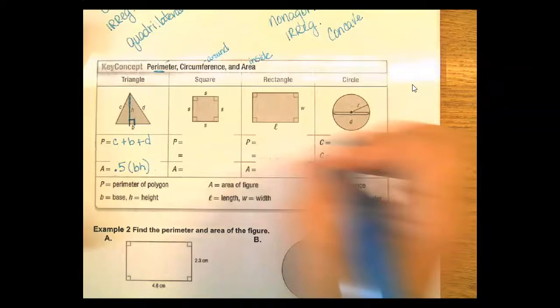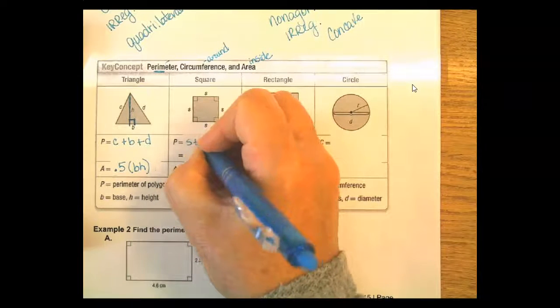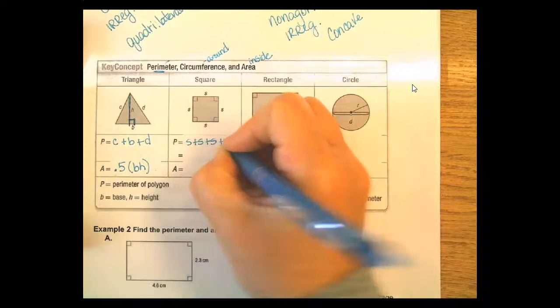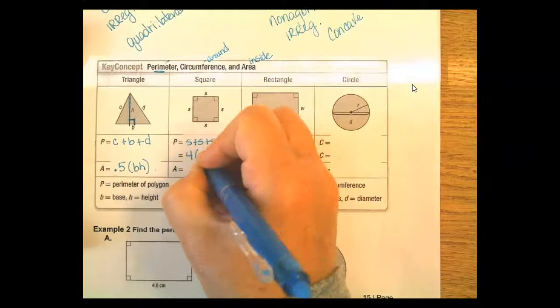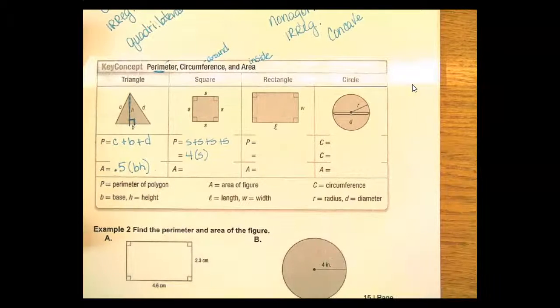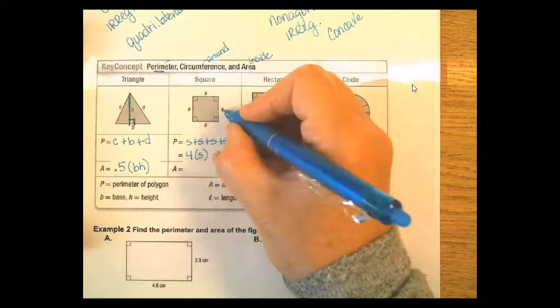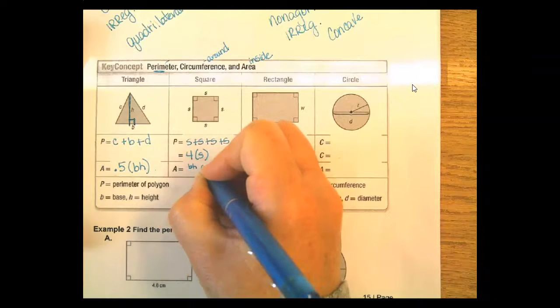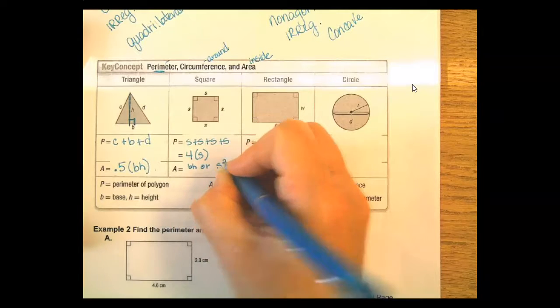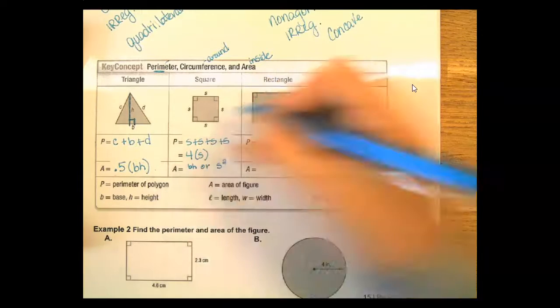Square: you could say side plus side plus side plus side, or 4 times your side. And then your area is base times height, or side squared, because it's the same thing, side times side.